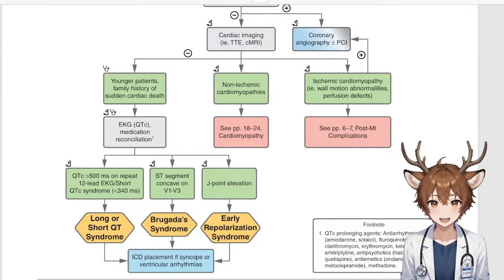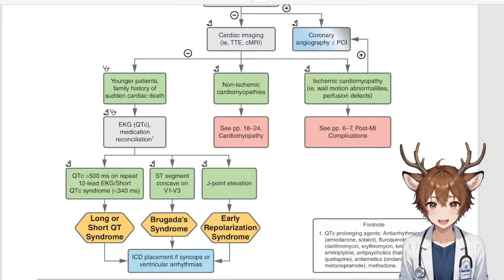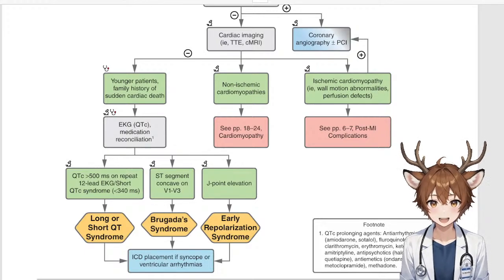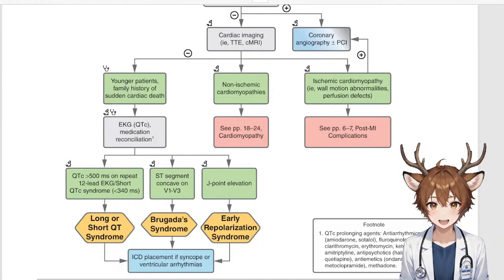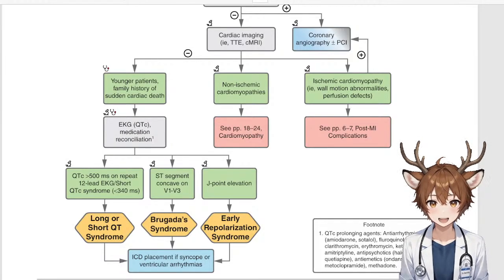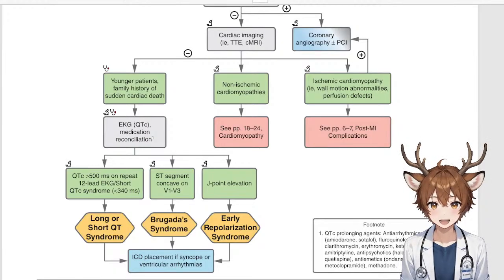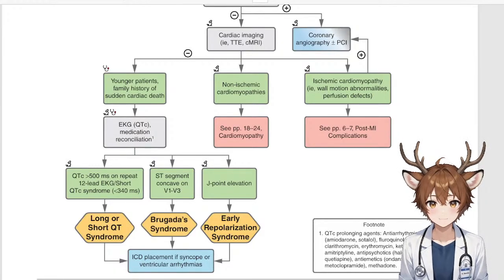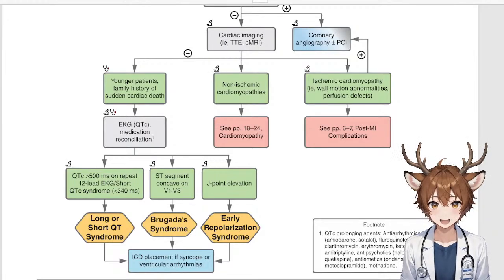So QTc prolonging agents: antiarrhythmics, amiodarone, sotalol, fluoroquinolones, clarithromycin, erythromycin, ketoconazole, amitriptyline, antipsychotics, haloperidol, quetiapine, antiemetics, ondansetron, metoclopramide, methadone.